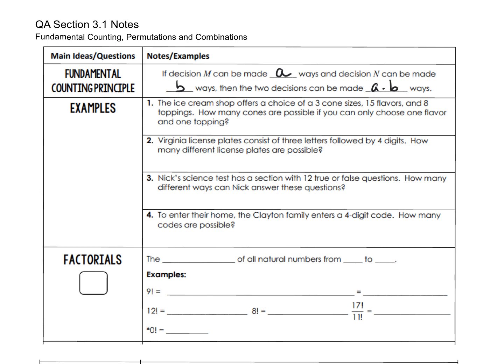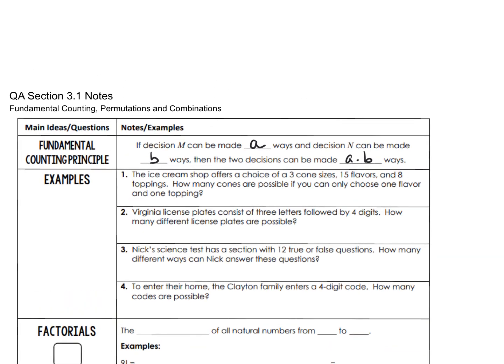So for example, to think of something very simple, let's say I have two shirts I want to wear. I have a blue shirt and I have a red shirt, so I could choose either of those. But then let's say I have green pants and black pants.